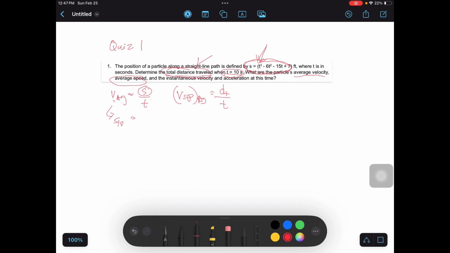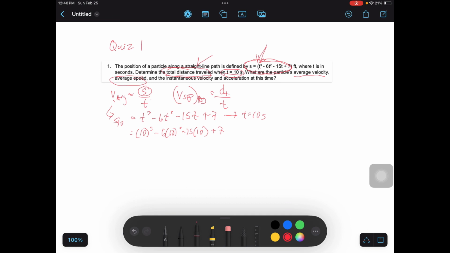So, displacement at 10 seconds is, kunin natin yung function na t cubed minus 6t squared minus 15t plus 7. And then, substitute natin yung time equals 10 seconds dito. So, 10 cubed minus 6 times 10 squared minus 15 times 10 plus 7.